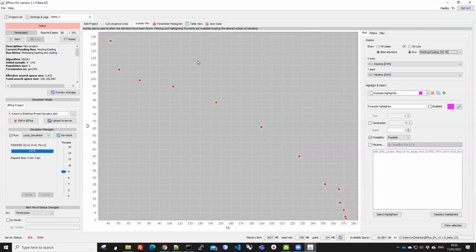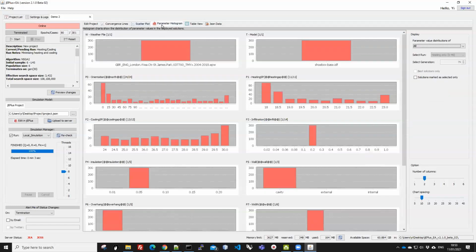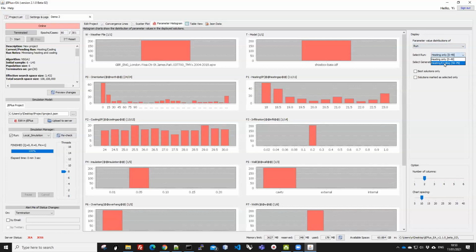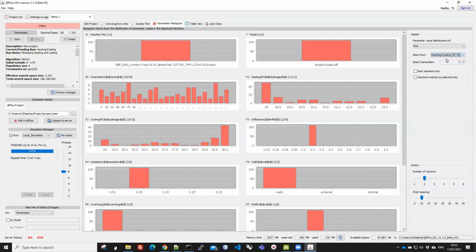Now, we can actually see the distribution of different parameter values if you go to the next tab. This is a histogram of parameter values in the set of solutions we have. Now I want to change it to run, to look at our latest run, which is optimizing heating and cooling. At the moment, the distribution shows all the cases.